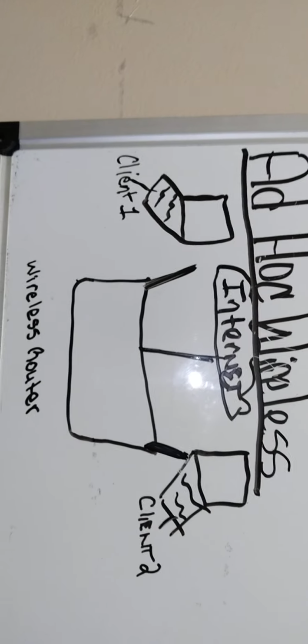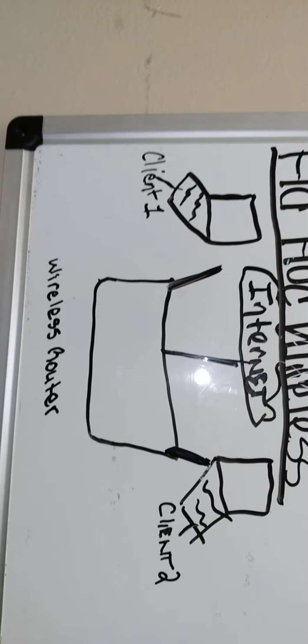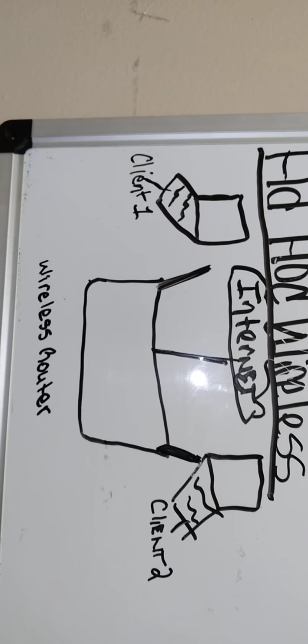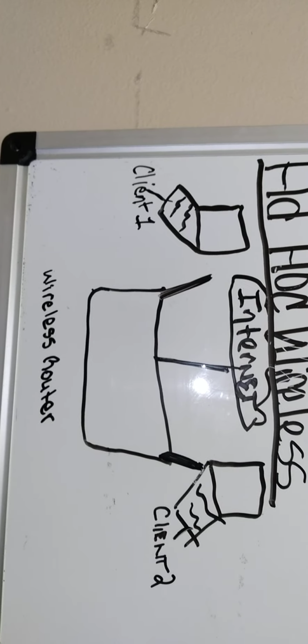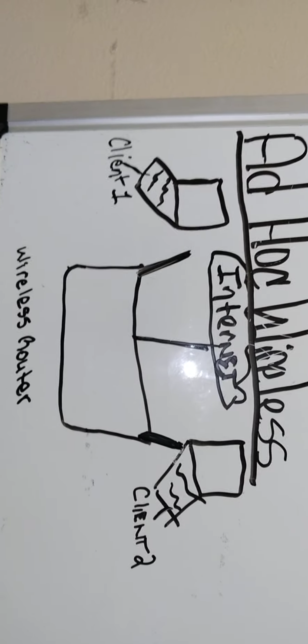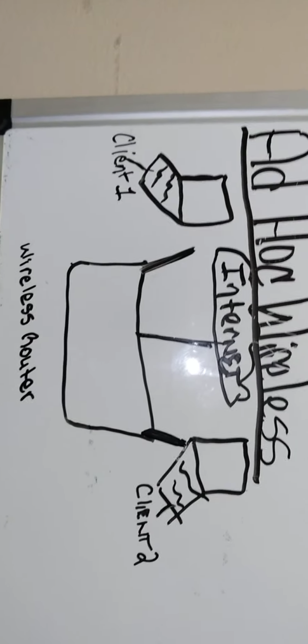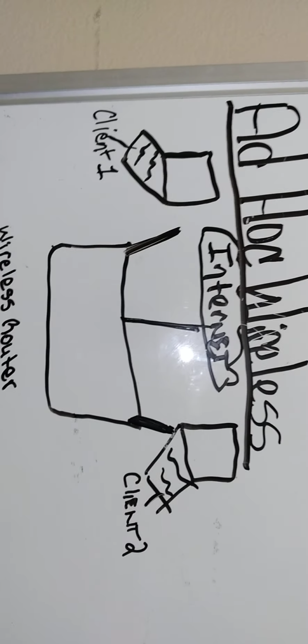We need to be able to configure the SSID, service set identifier, configure WPA2, and also configure AES with the pre-shared key. And we can do this for free in the Cisco Packet Tracer. And we're going to learn that a little bit later.